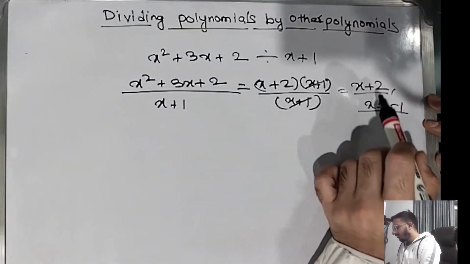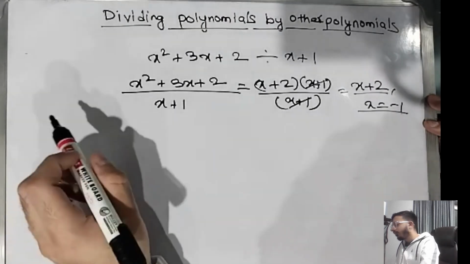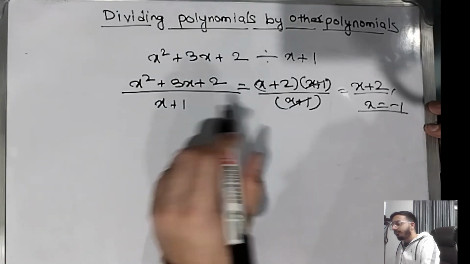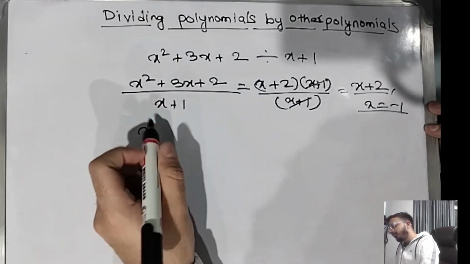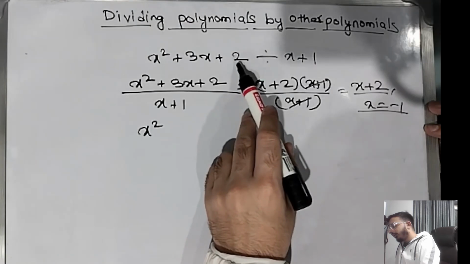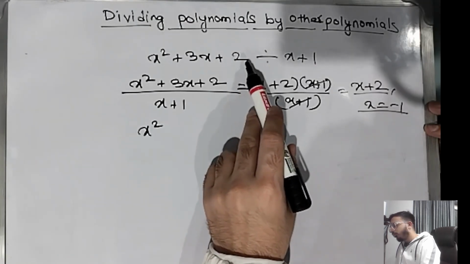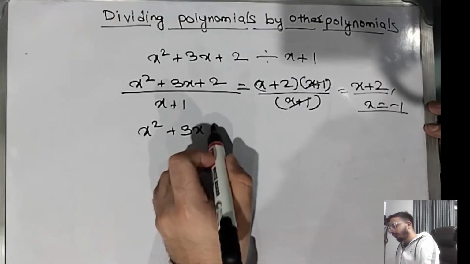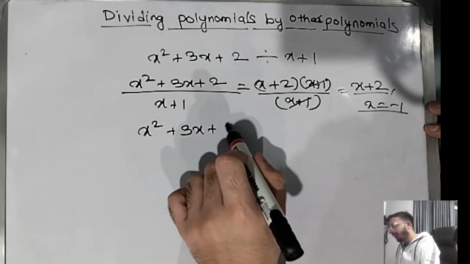So this was pretty simple, right? But what if the numerator cannot be factored out so easily? For example, if I change the value of the term containing the power of x as 0 to 3 over here, x square plus 3x, and instead of 2 let's make it 3.